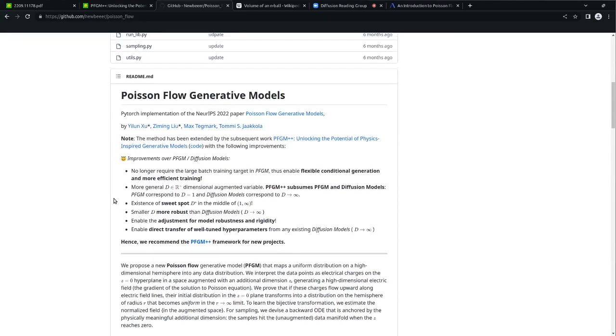But I'd assume if you wanted to guide it, one thing is that because it's just an ODE, you have to somehow adapt the vector field to account for whatever you're trying to guide.